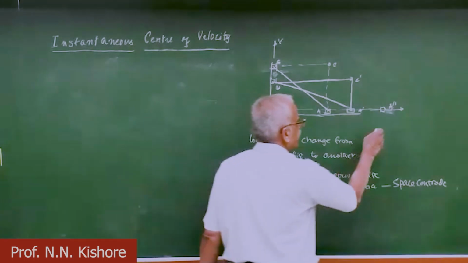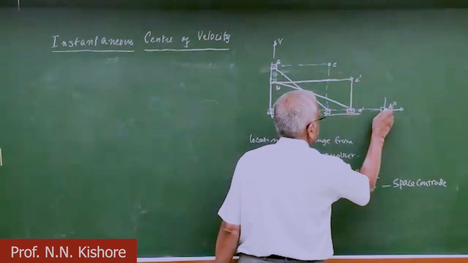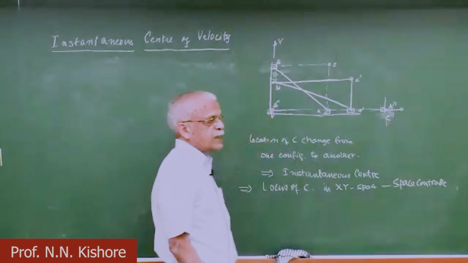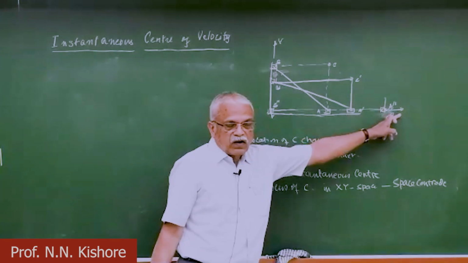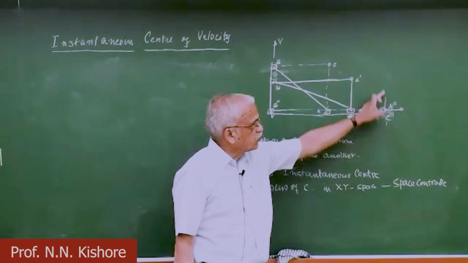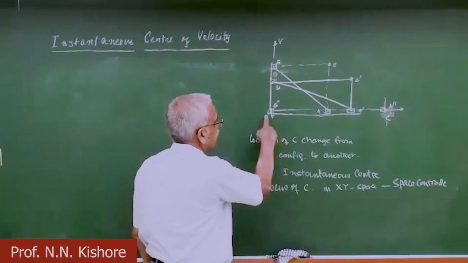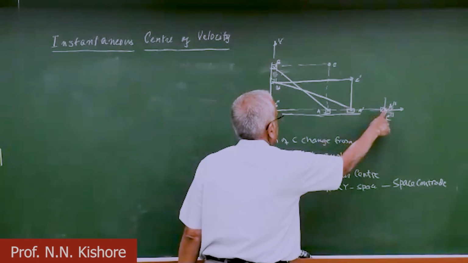The intersection point is a perpendicular line here and a perpendicular line here, and this itself is C double prime. The perpendicular line to this one goes along the rod itself, and the perpendicular line here goes vertically. The intersection is this itself. So this is the limiting point.